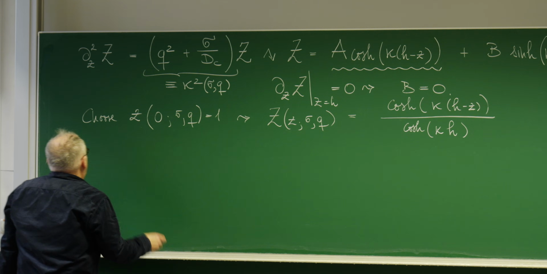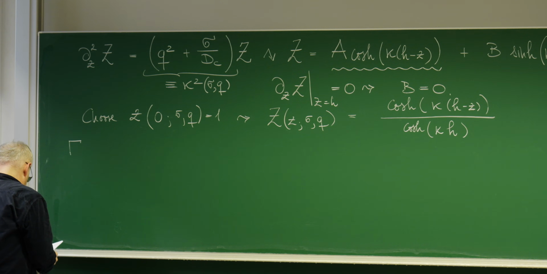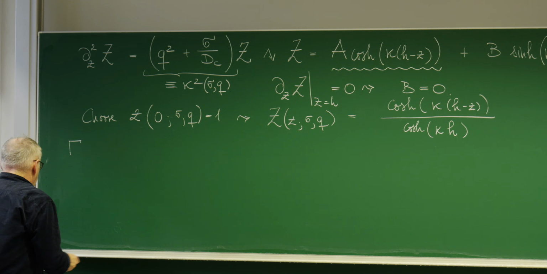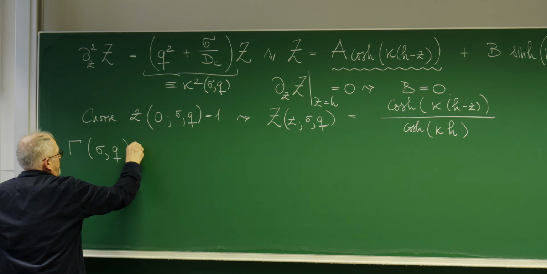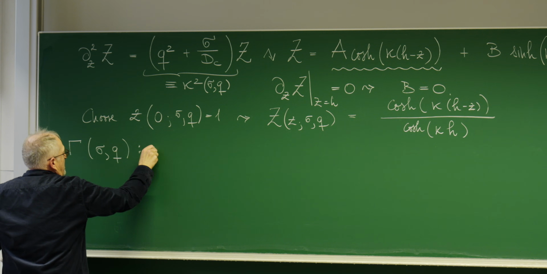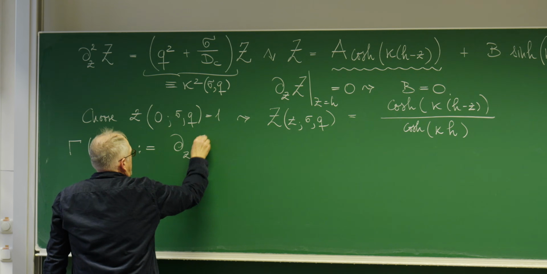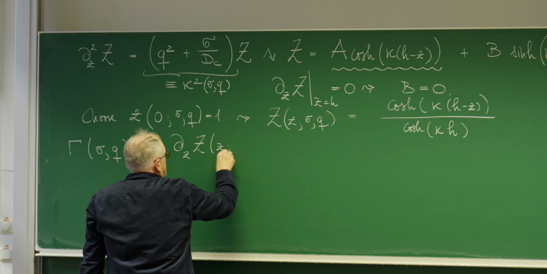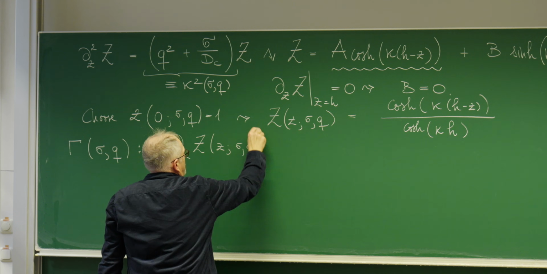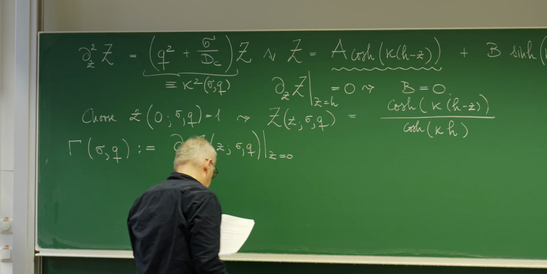Good. Now we can define an object that we need later. It's the slope of that. So we call this the bulk-surface coupling coefficient, and I call it gamma. So I define gamma as a function of sigma and q to be the gradient of that function Z at the membrane, so at z equal to 0.